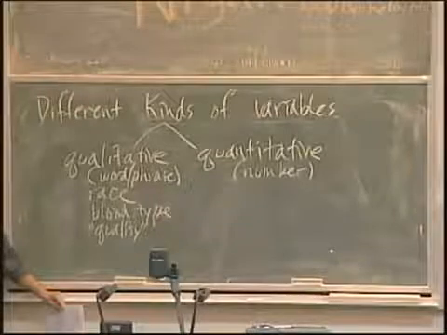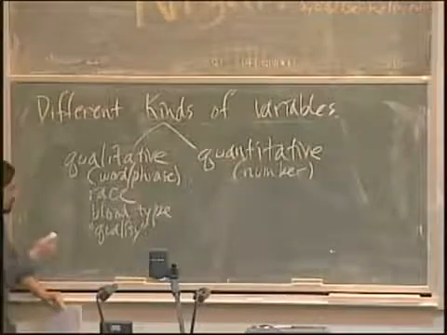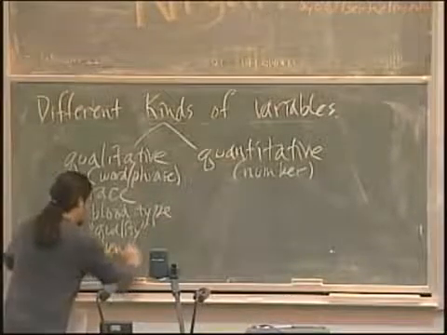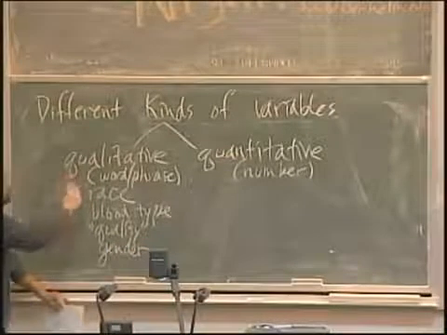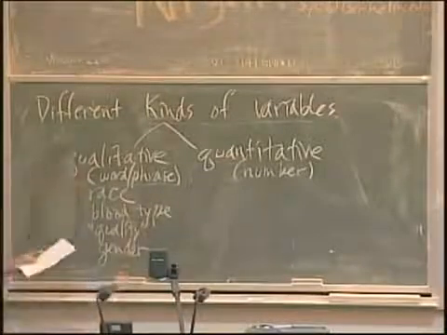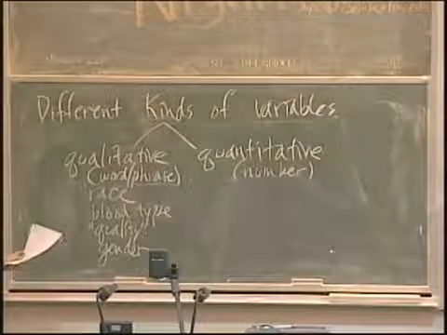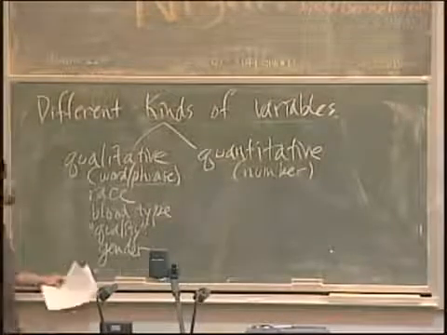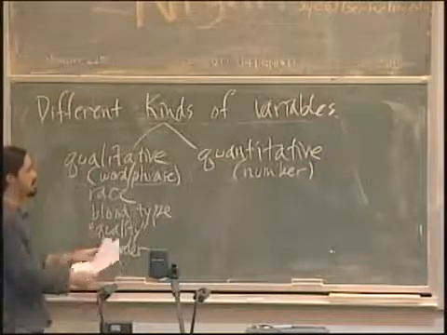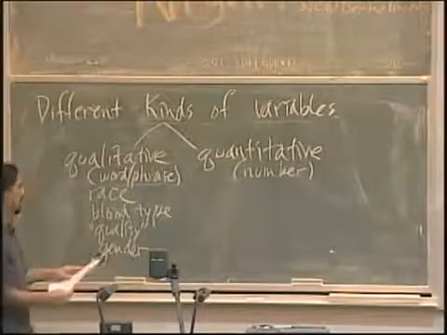So gender is a real common one, right? Okay, so these are a good quick list of different qualities. Someone said color, so it might be eye color, hair color. Occupation is another common one. All things that you would not give with a number, you would give with a word or phrase.